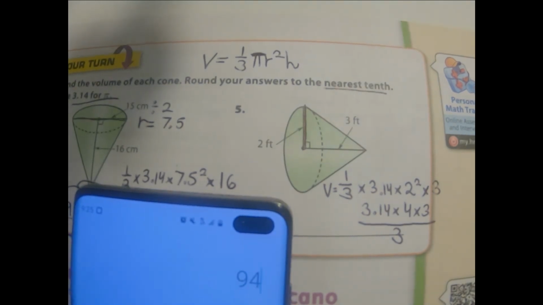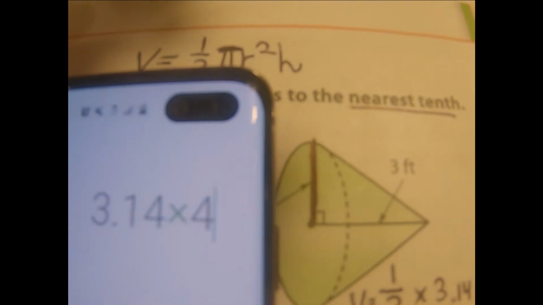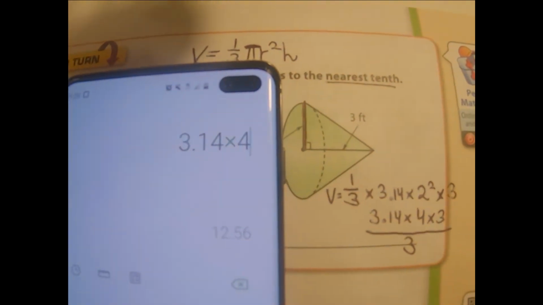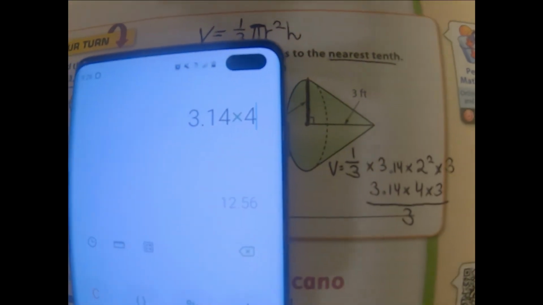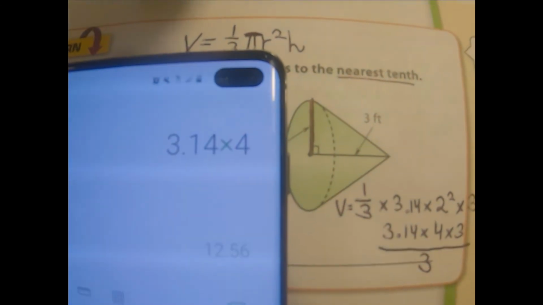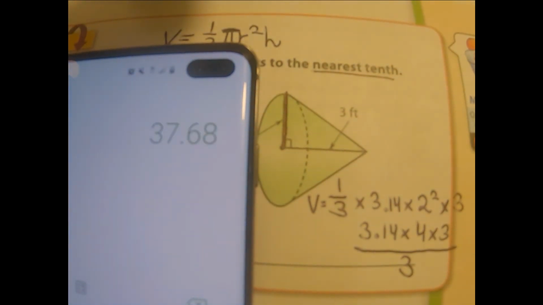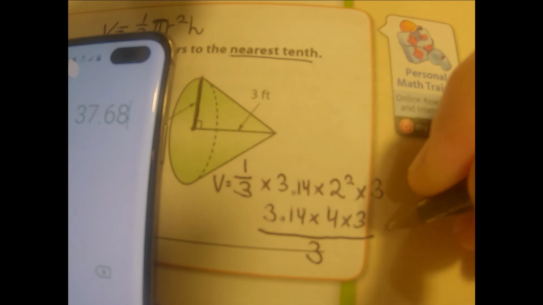So I'll pull out my calculator and I will work 3.14 times 4. Whoops, that fell. Okay, better. Times 4 times 3 is 37.68.